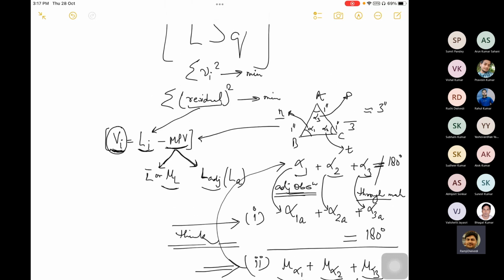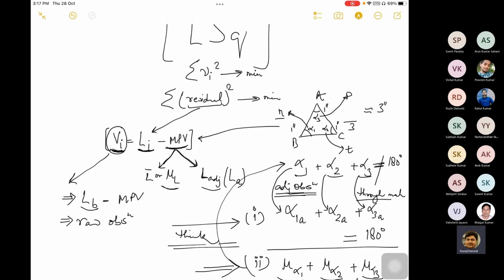Anyways, coming back to this problem, the residual which we are having is Vi, which is nothing but Li minus MPV, or we could also rewrite this equation as LB minus MPV, and LB is nothing but the raw observation.